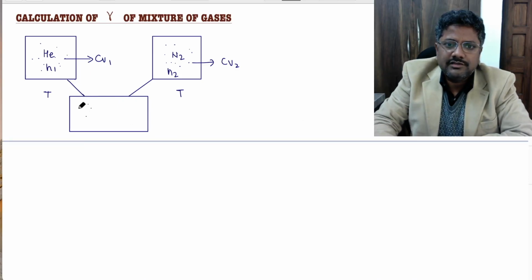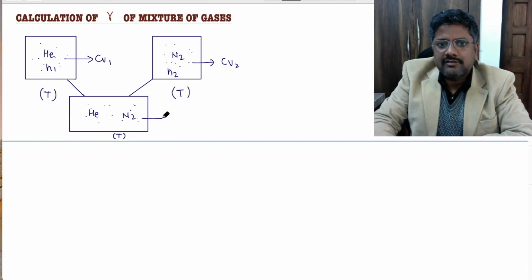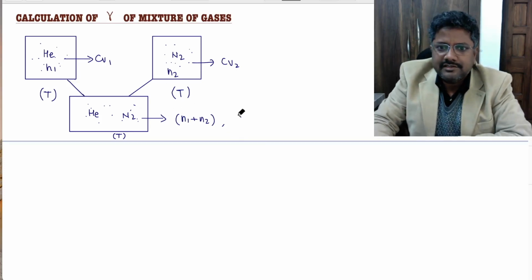So now in the mixture, all of you know that there is no reaction between He and N2. So the total moles now, and the temperature is the same. At the same temperature we are mixing, right? So the total number of moles is now N1 plus N2, and let the CV of this be CV mixture, right?